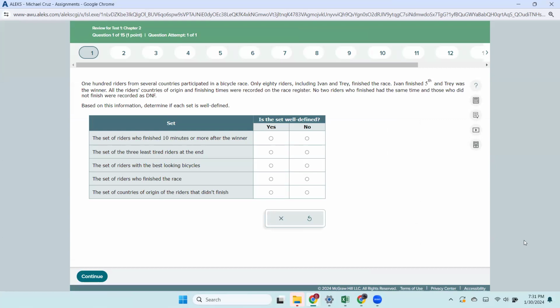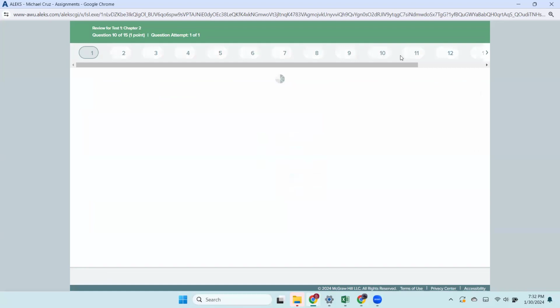All right. Let me put this mouse on here rather than that touchpad. All right, so it was number 10 we were on, right?